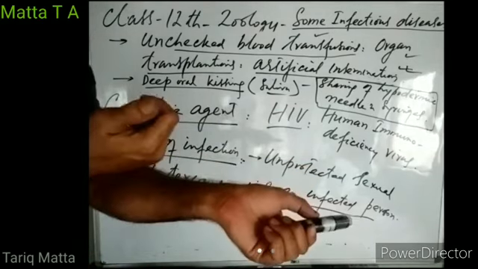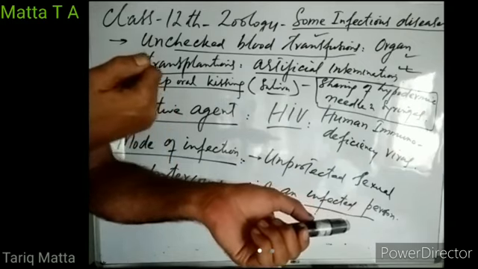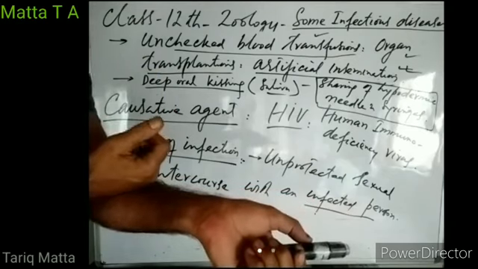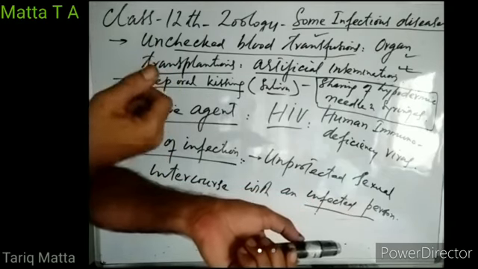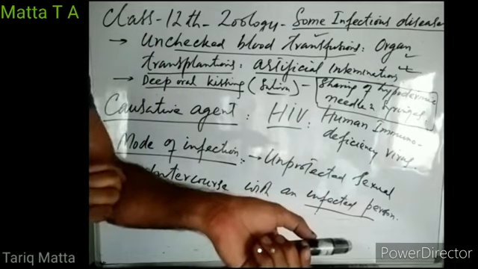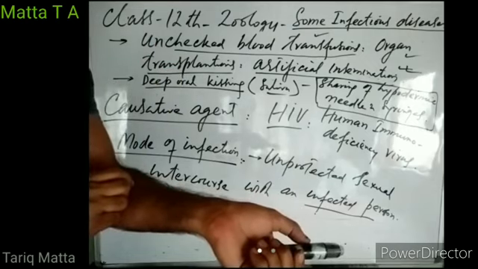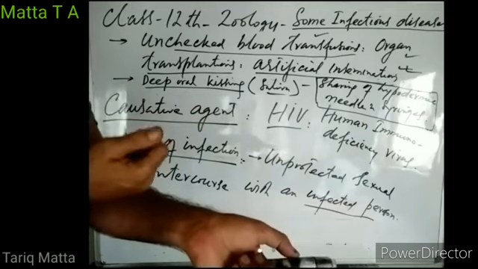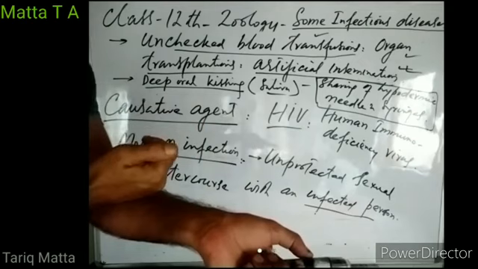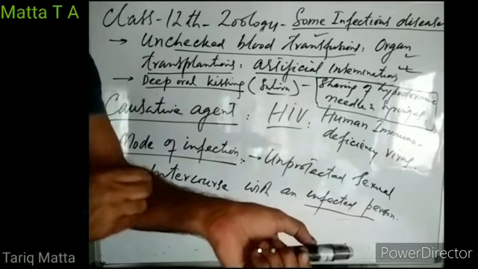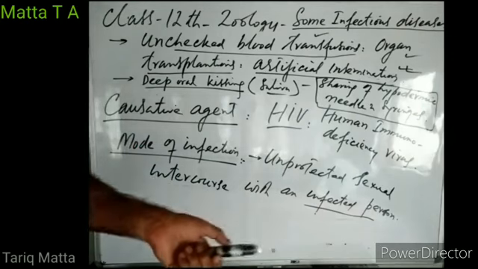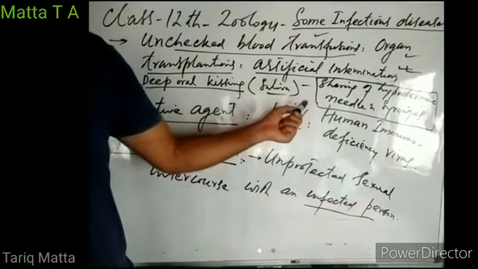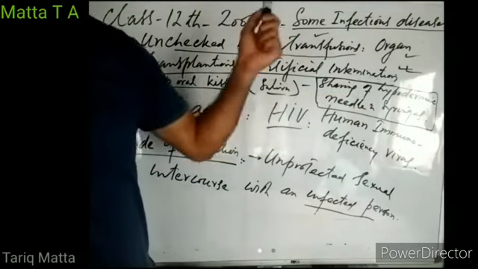So if a needle and syringe was used on an HIV positive person, when he removes the syringe, some of his body fluids may remain in the needle. And when this same syringe is used by another normal person for injecting drug into his body, those viruses which were present in that fluid may enter into his body, right? So in this way, sharing of hypodermic needles and syringes may also spread the disease from an infected person to a normal person, right?